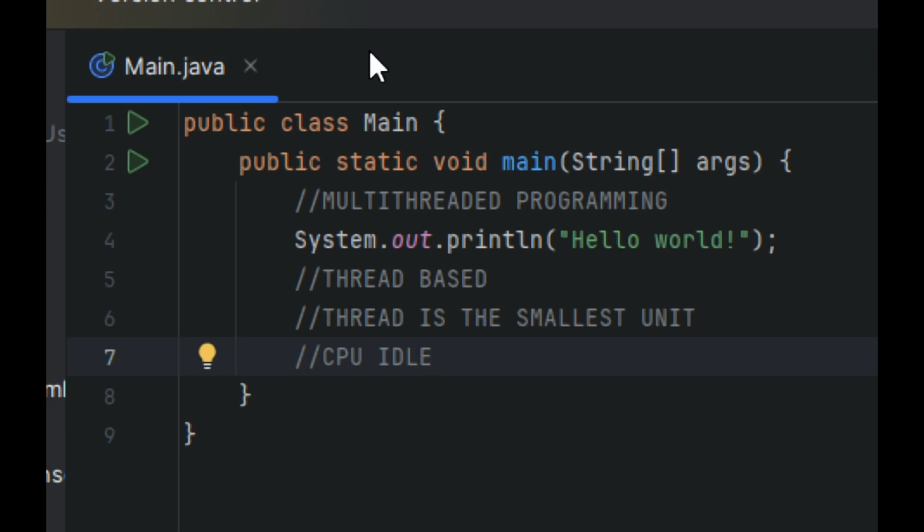So it is important, especially when we are talking about interactive networked environments where Java operates, because idle time is common in such environments. For instance, maybe you are transmitting data over a network.